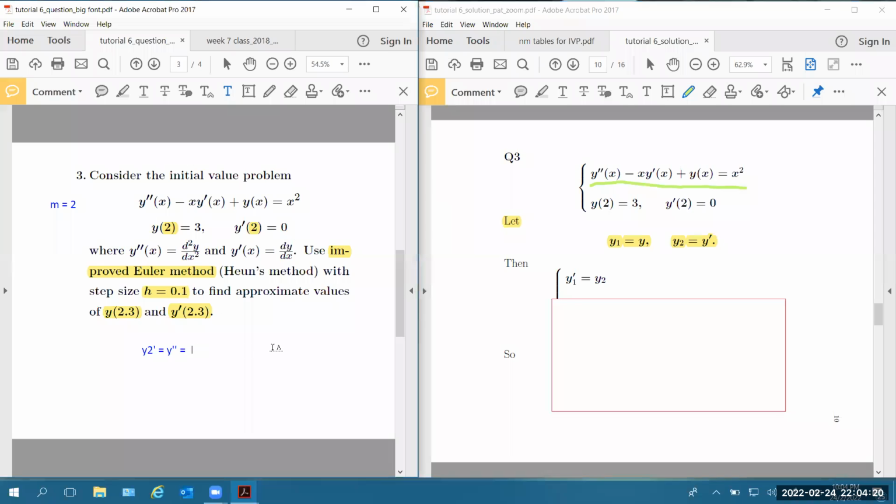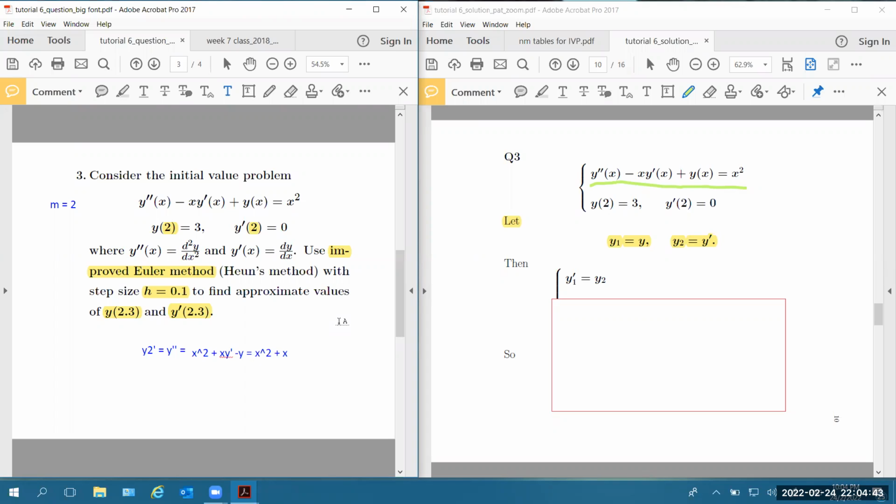If you do that, your y double prime will be x squared, and then you got another 2 terms: x y prime, and then minus y. Of course, you don't want to have y and y prime. Now they should be called by the new name.